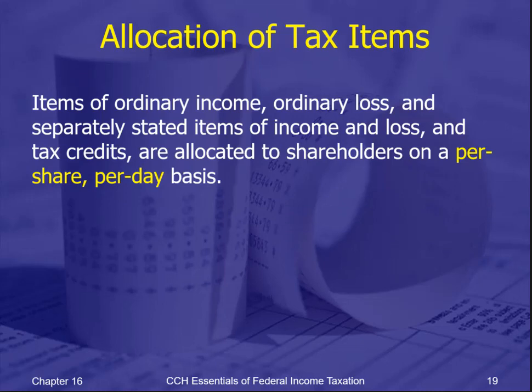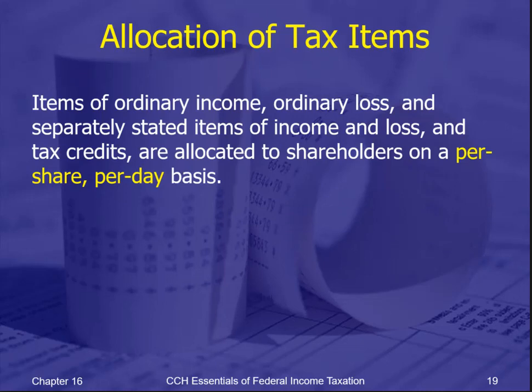Now, while a partnership has some flexibility on how it allocates items of income and expense, the S corporation does not. Everything is allocated the same way on a per share per day basis. So you literally take the number of days that you own the shares, multiply it all out so that you can figure out exactly the part of it that belongs to each shareholder.